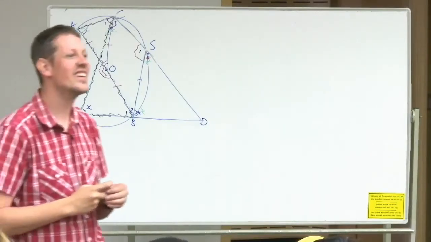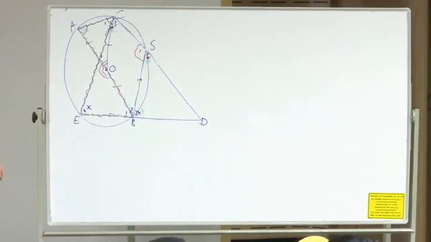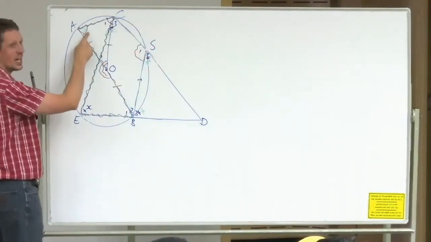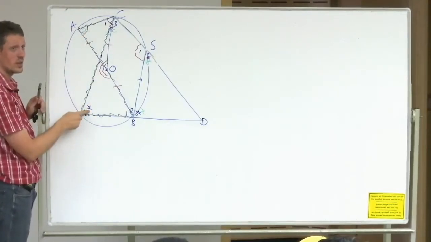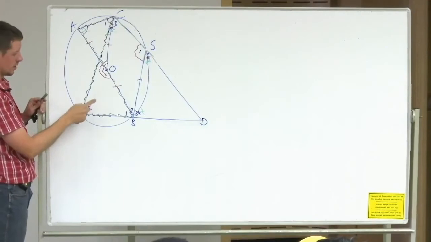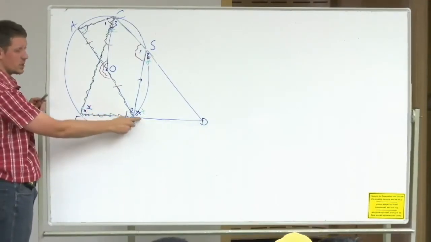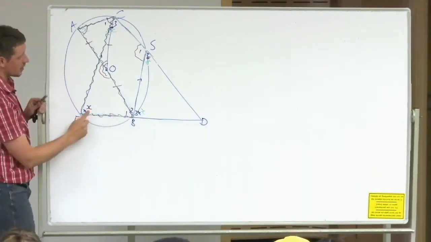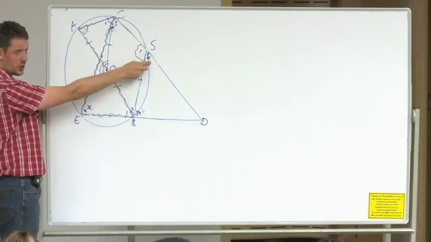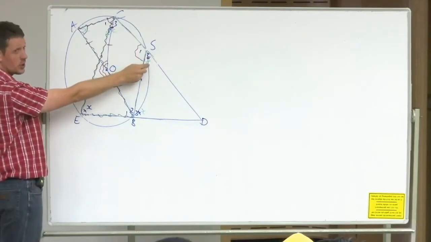Say again. C1 and 2. A. Okay, look here. Angle E is equal to B3 because of corresponding angles. Angle E is equal to S2 because of exterior angle of a cyclic quad.